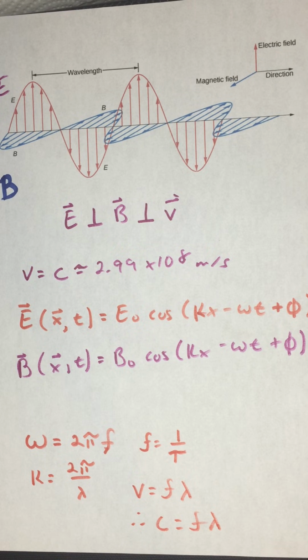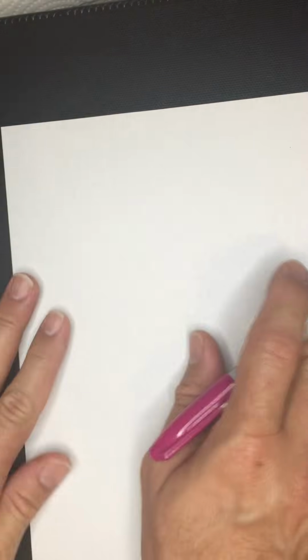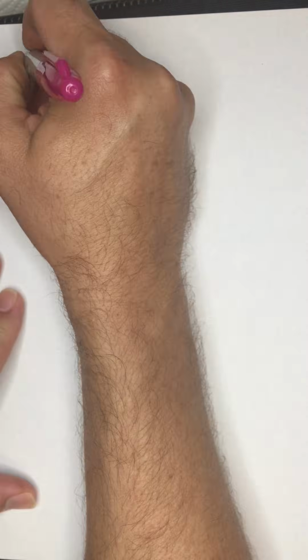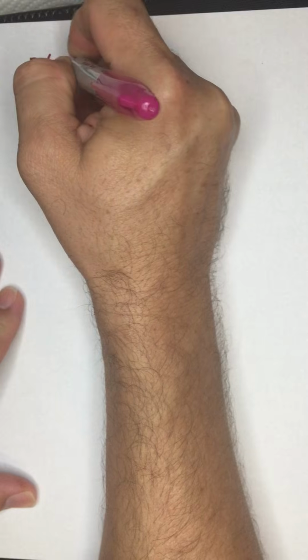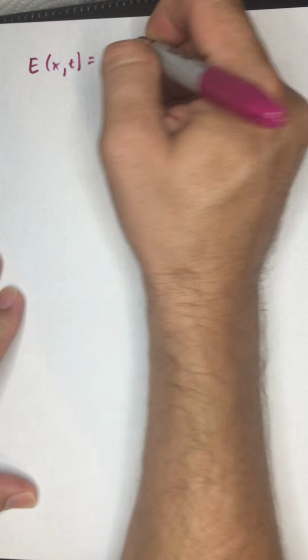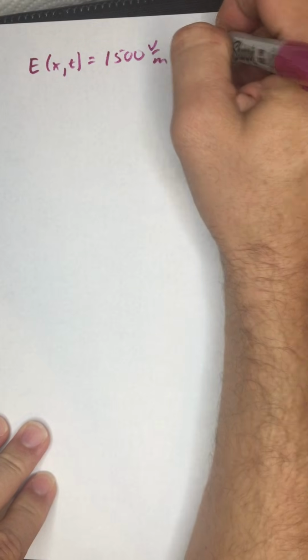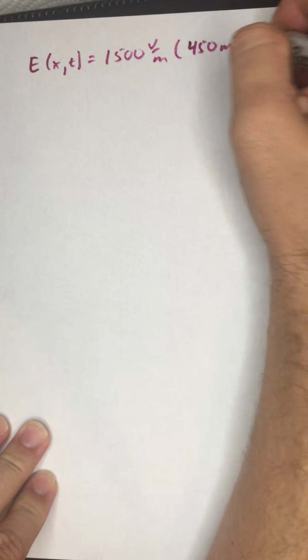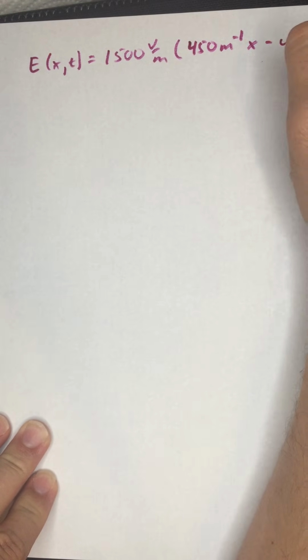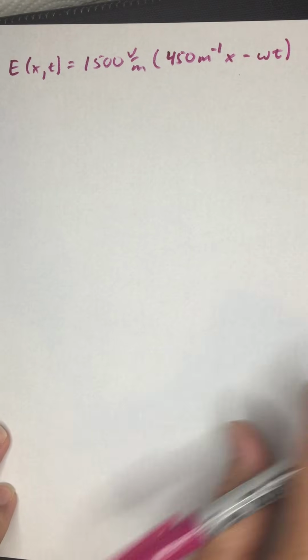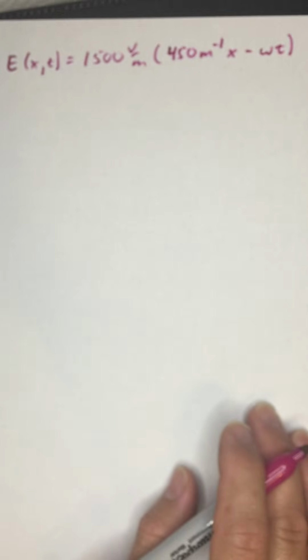All right, so what can we do with that? Well, just as an example, if you were to see an equation of this nature, E of x and t is equal to 1500 volts per meter times cosine of 450 inverse meters, or 450 per meter, x minus omega t.